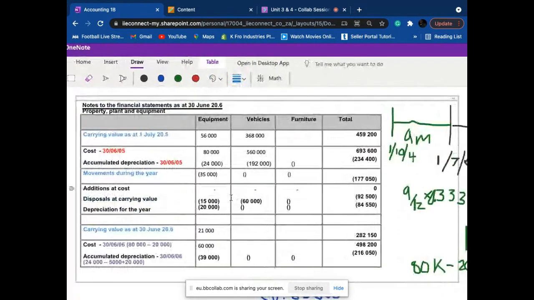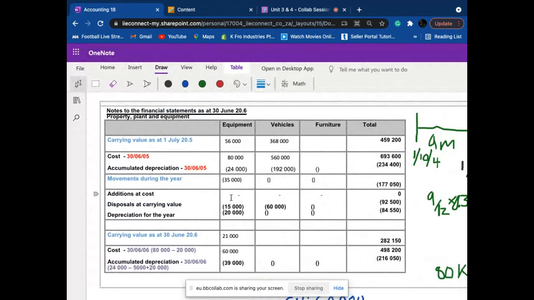What must happen? Let's quickly see. How do they calculate depreciation? Here, vehicles at 20% per annum according to the diminishing balance method. Okay. So what must happen? How do we go about this, guys?